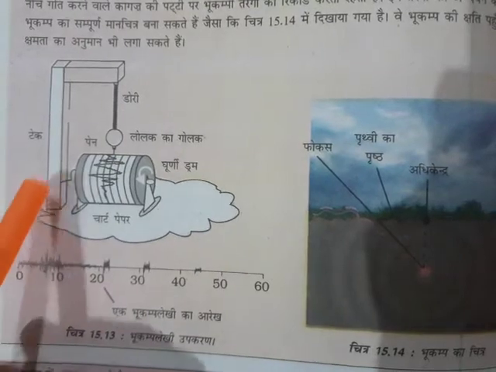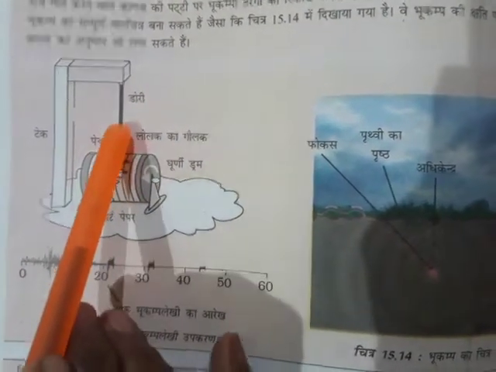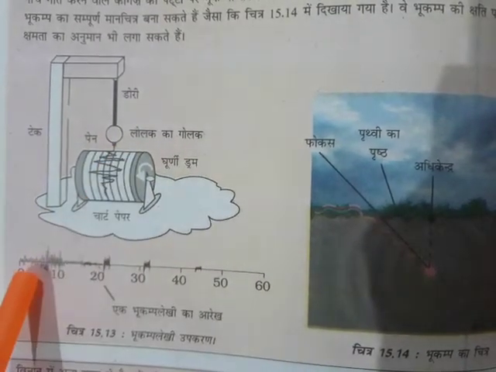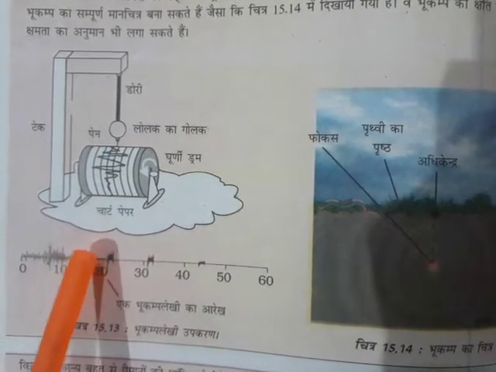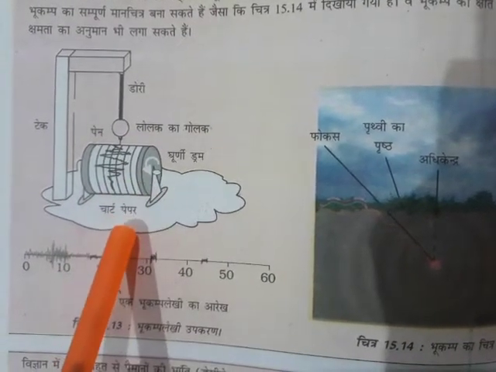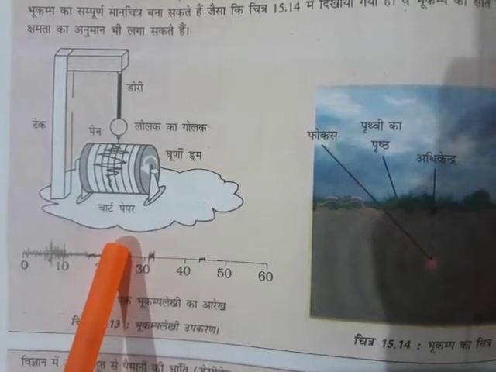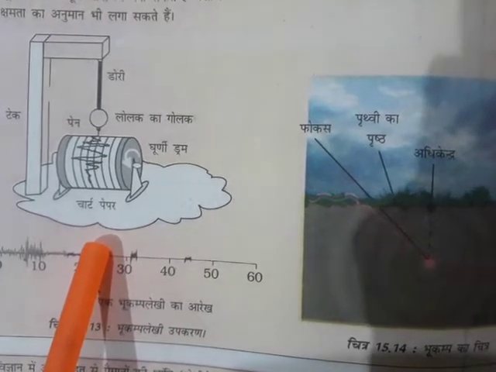The instrument is simply a vibrating rod or a pendulum which starts vibrating when tremors occur. A pen is attached to the vibrating system. The pen records the seismic waves on the paper which moves under it.